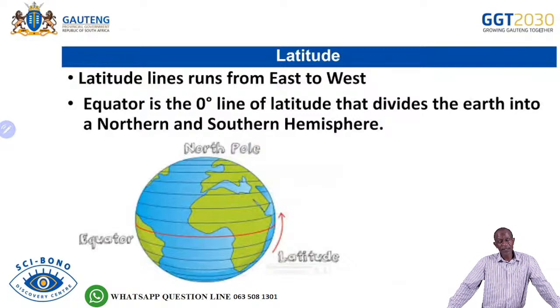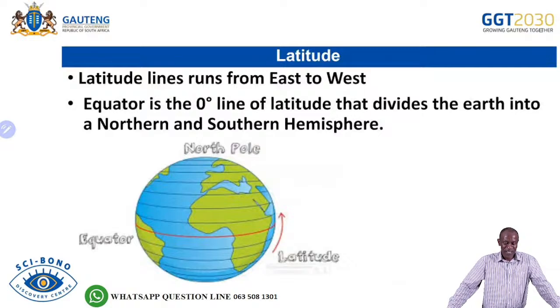So time and again, as we do time zones, we will check whether countries are located in the northern hemisphere or in the southern hemisphere. We'll also refer to that country as being situated in the east or west, and whether or not we should add time, or it's ahead of time or behind in time.